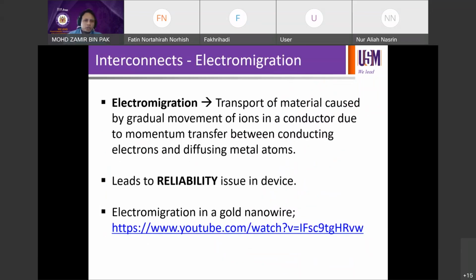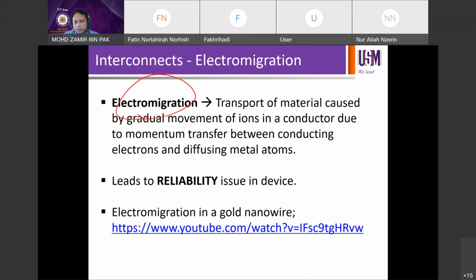Okay, one issue that we have when we talk about interconnect is called electromigration. So what is this electromigration? Electromigration is transport of material caused by gradual movement of ions in a conductor due to momentum transfer between conducting electrons and diffusing metal atoms, right?